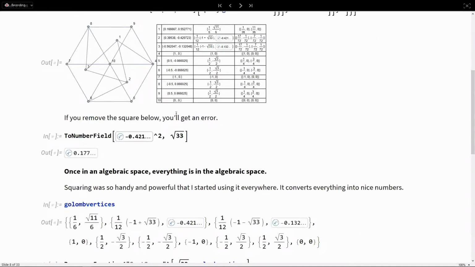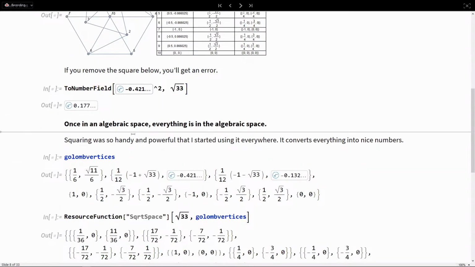So I tried squaring this number, and suddenly it worked. If I remove the square here, this is not in the number field of square root of 33 anymore, but here it is. It's 7/72 plus 1/72 times the square root of 33.